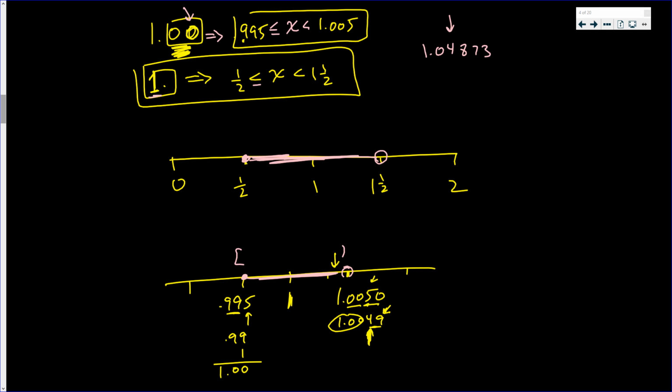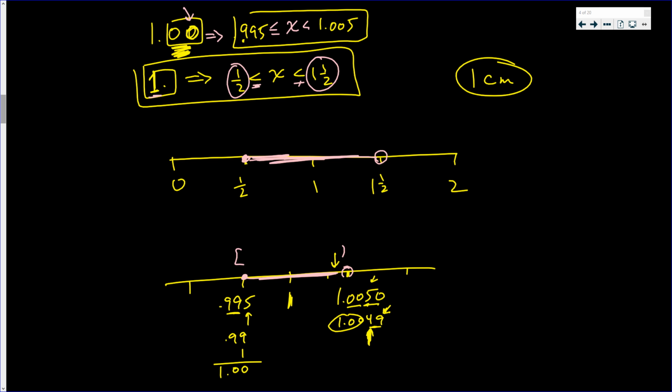So, when you round to the nearest 1, any number between 1/2 and 1.5 would round to 1, including 1/2, but not including 1.5. Well, if you needed some machinery, a piece for your machine, and you wanted it to be 1 centimeter, okay?